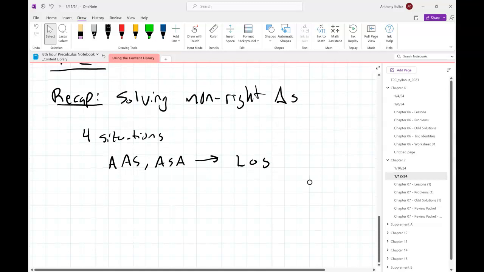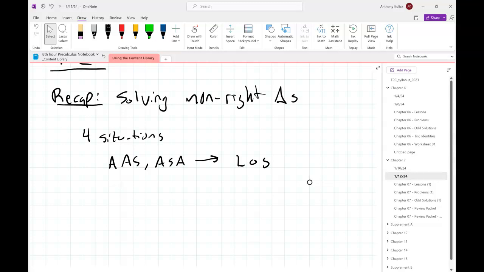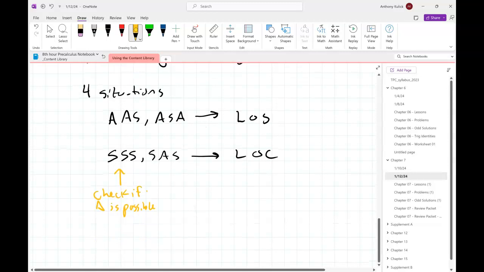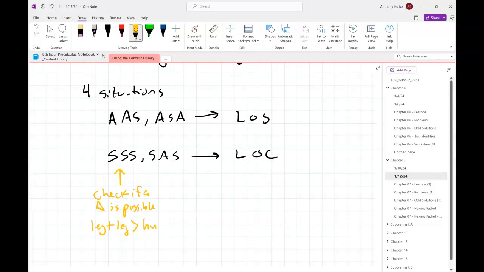We don't have to be careful about the order in which we solve anything. Those ones are straightforward. Nothing tricky. The other 2 we looked at were the side, side, side, and the side, angle, side. For those, we need to use law of cosines first. For the side, side, side, we have to check if a triangle is possible. So again, the way we do that is the sum of the 2 legs has to be greater than the hypotenuse.